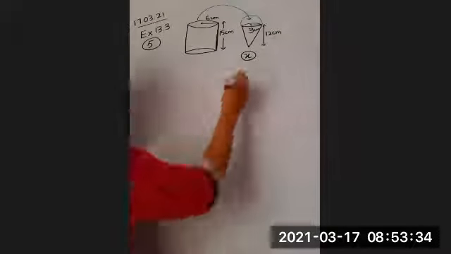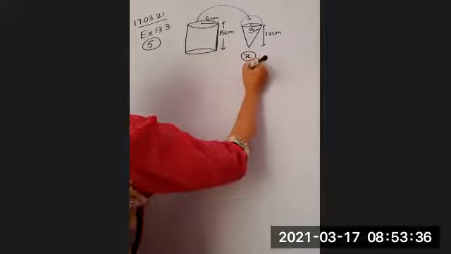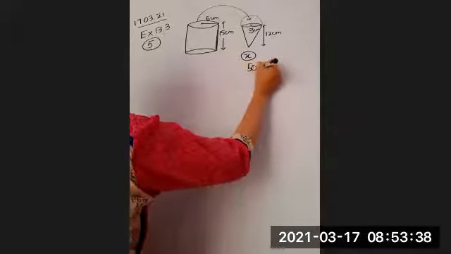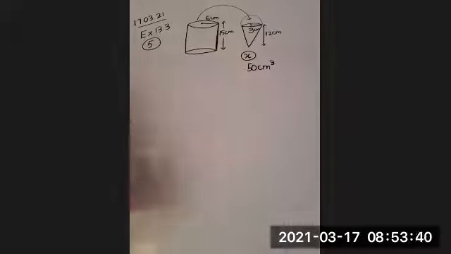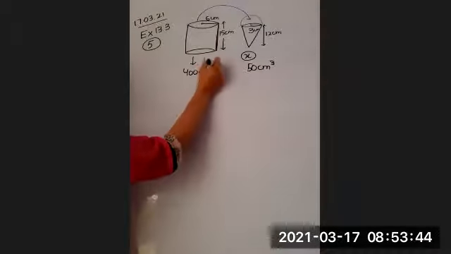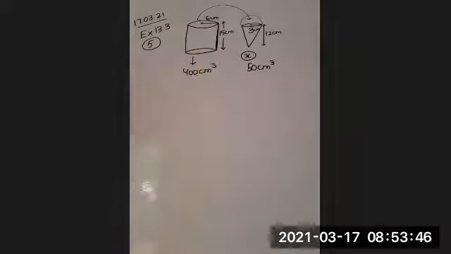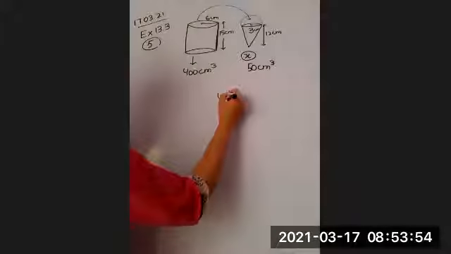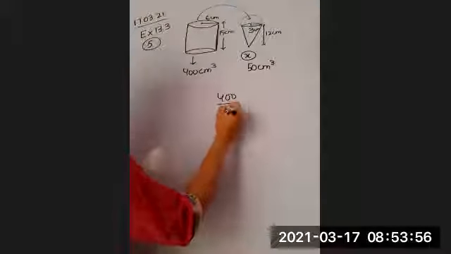Suppose this is 50 centimeter cube. Suppose, I don't know how much it is. And suppose this is 400 centimeter cube. Then how many cones can be filled? 400 divided by 50.